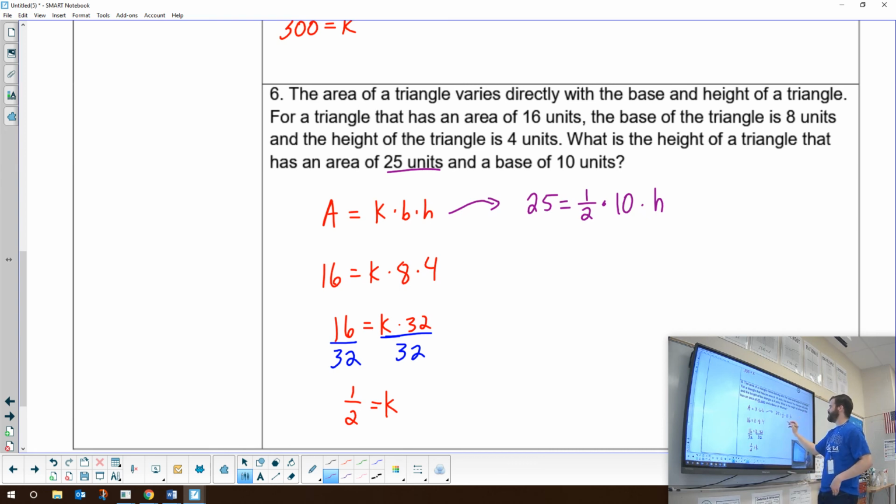So 1/2 times 10 is 5, so we'll have 5h equals 25. Now all I need to do is divide both sides by 5, and we get our answer of h equals 5. So the new height for my triangle is 5 units.